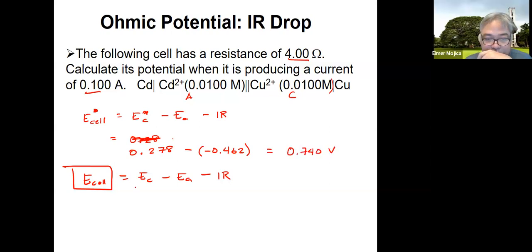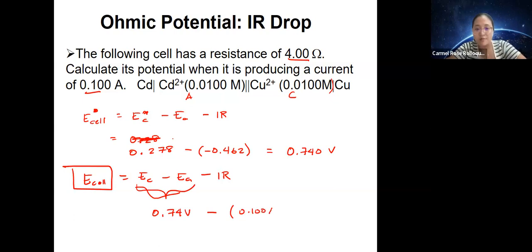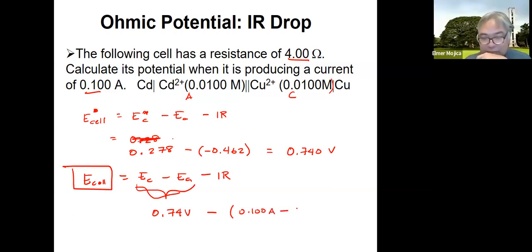Okay, so that will be the value here. Now we put the IR. So that is equal to what? 0.74 minus 0.1 times 4. So this will be less, right?